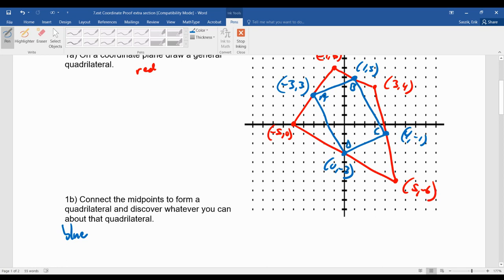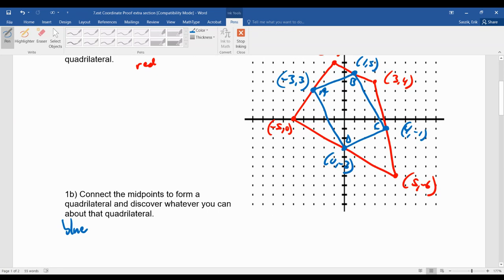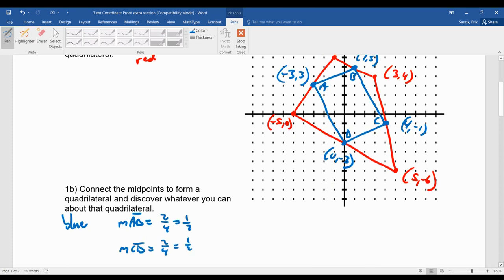Now, what do we discover here? Part of it's coincidence, part of it's not. So let's look at the slope of AB. So AB, you get a slope of 2/4, which is 1/2. Let's look at the opposite. So that would be CD, slope of CD. That would be 2/4, so 1/2.